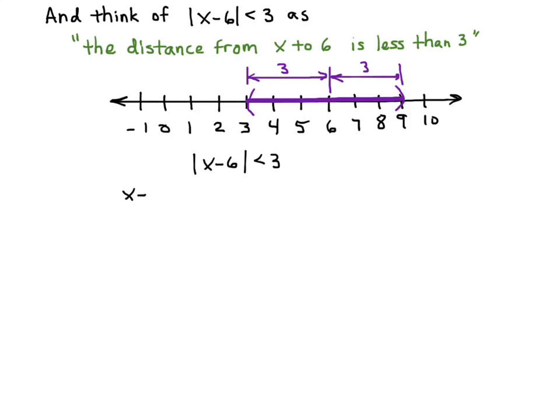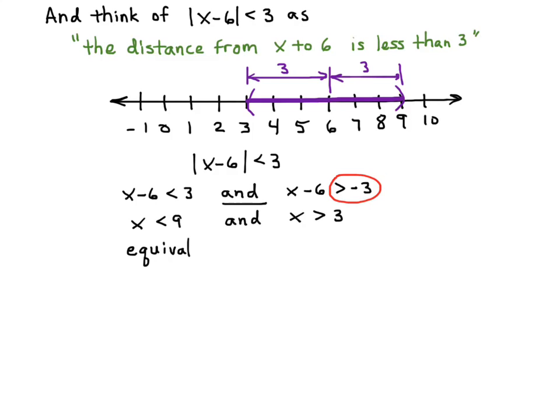So when we solve this, we actually make this into two equations that is an and. Now we still do the same thing with that right part, where we're going to turn around the inequality sign, and we're going to make that a -3. And remember, the reason why we did that is because we originally had the negative around parentheses on the left side, multiplied through by -1. That changes the direction of the inequality and gives us a -3.